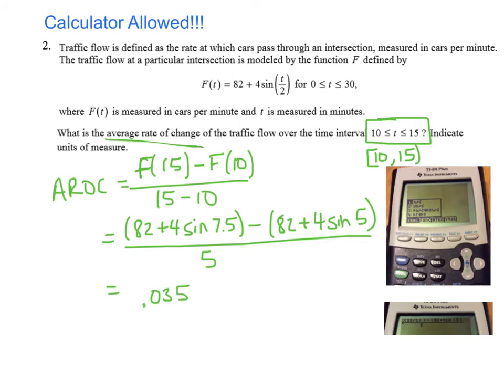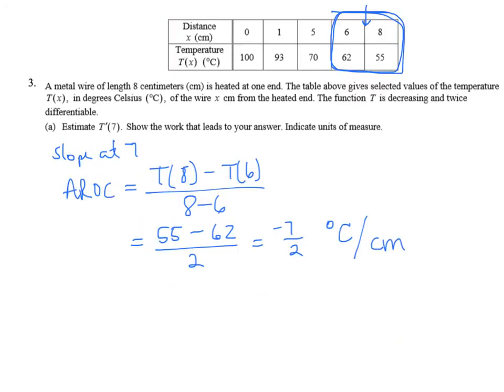And then, of course, we need our units of measure. So what is this measuring? It's measuring cars per minute. Okay, this is a positive slope, and so it communicates to us that we have an increase of 0.035 cars every minute.